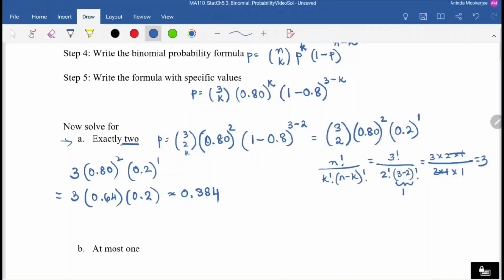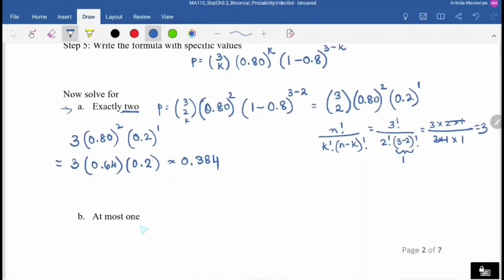So the probability of finding exactly 2 people alive at age 65 is 0.384. Always show your probability values up to 3 decimal places unless otherwise stated.